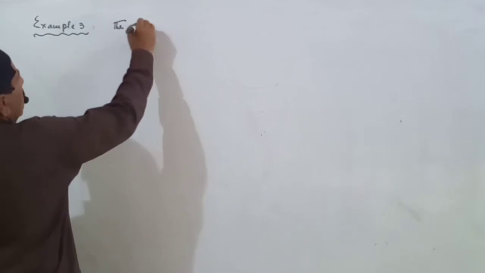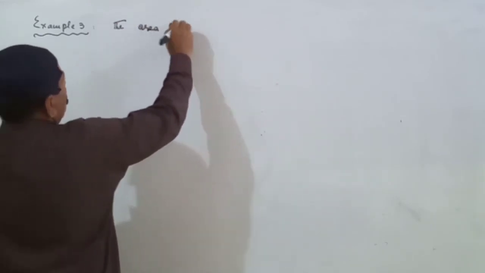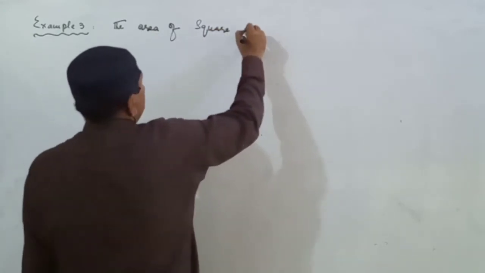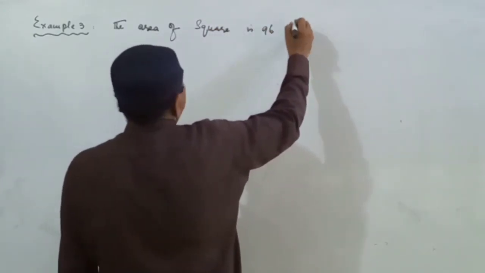The area of a square is 96 square centimeter.